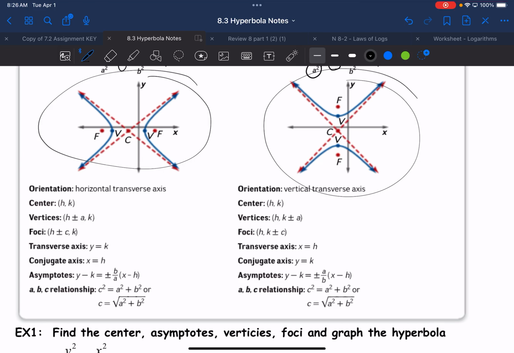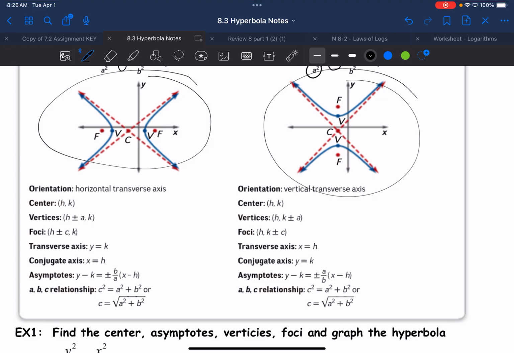So depending on which axis you're on, that's the one that you will be adding or subtracting your a value to. Okay, and then your foci are going to be the c values, just like before. And your c and a are on the same axis, just like before.